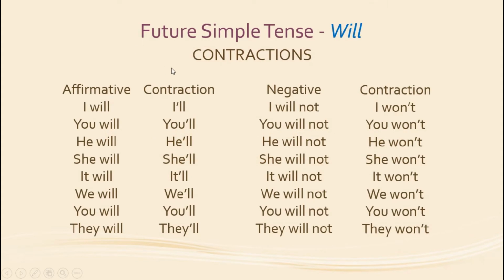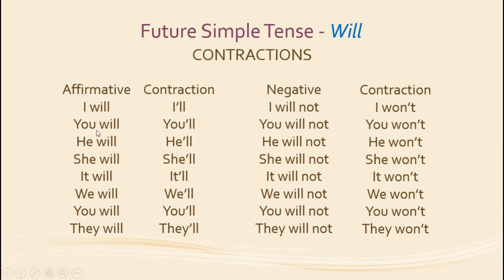Okay, now we have the contractions. We can contract the affirmative and negative sentences this way. Maybe you are going to find these contractions when you are speaking with another person because it is easier or more casual to use. For example, if we take I will, we can contract it like I'll.